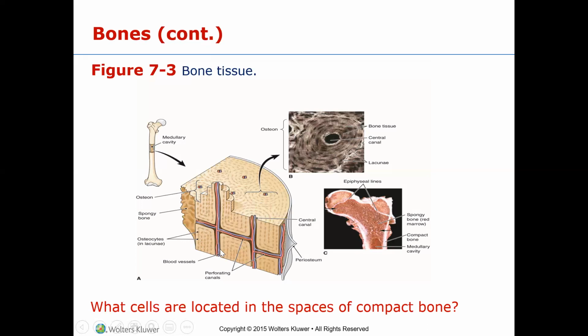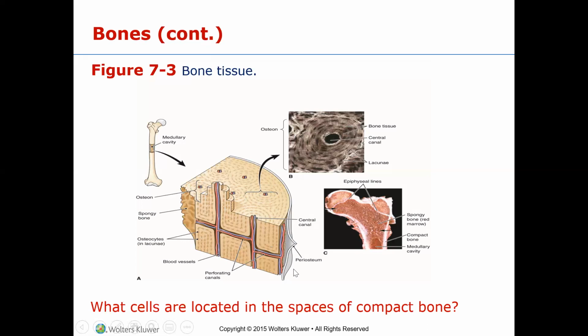And then within each of these osteons, one of these big rings, we have a canal, and that central canal has an artery and a vein because, you know, bone is living tissue and it needs to be nourished. And then along the outside, we have the periosteum.